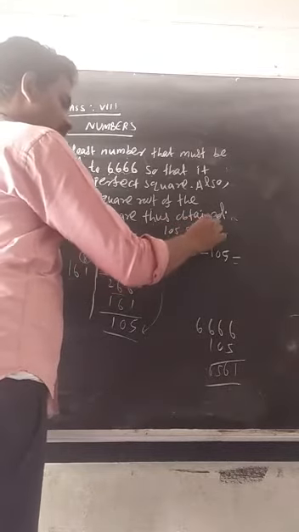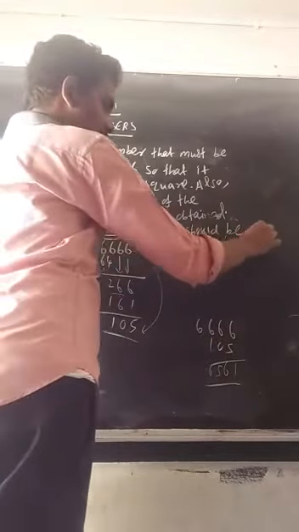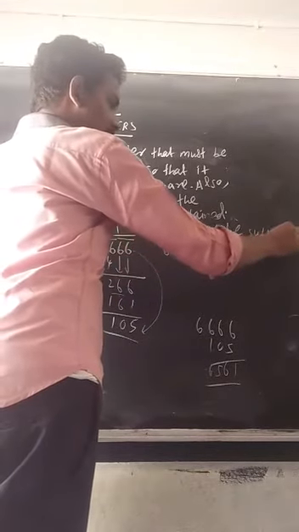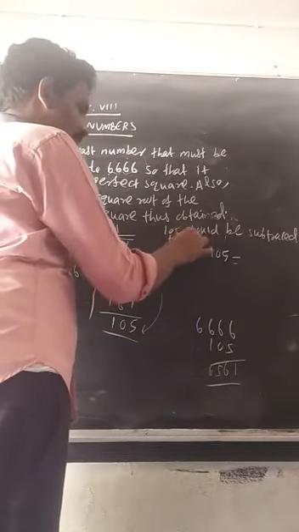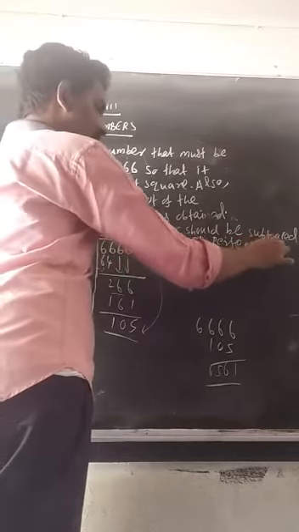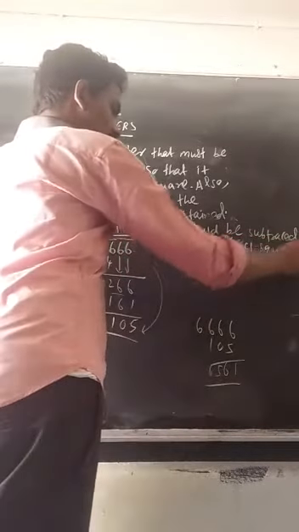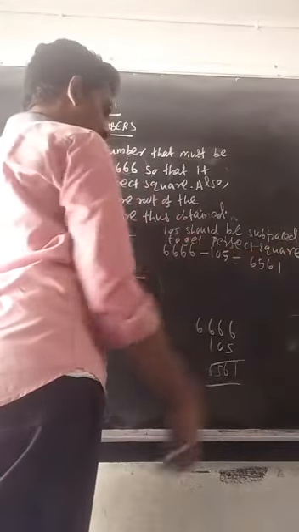105 should be subtracted to get a perfect square. So if you are subtracting, we are getting 6561.